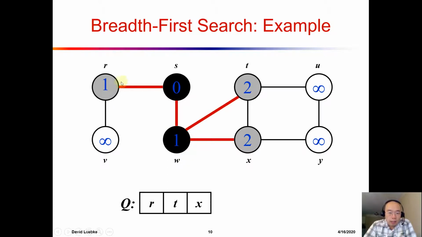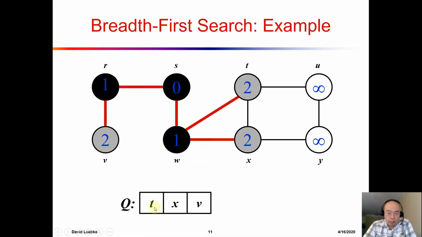The next node, which is the front of the queue, will be R. So we pop R out, and we add V to the queue because V is the next node adjacent to R, and that is also white. Then we highlight this edge with red color, saying this edge will be taken into the tree structure we generate.